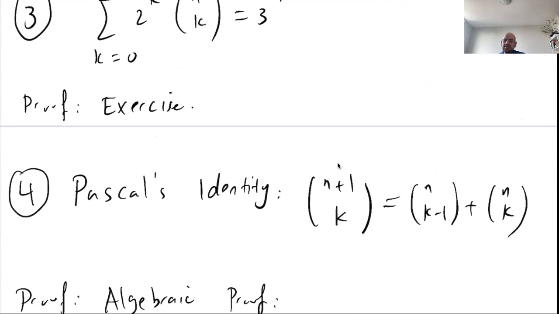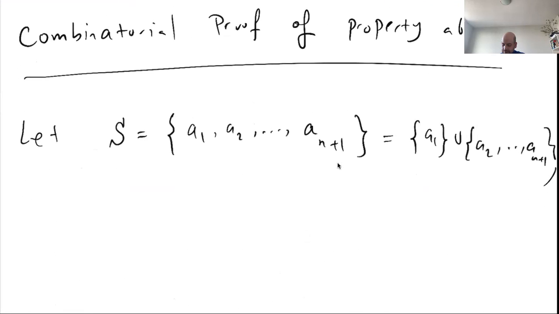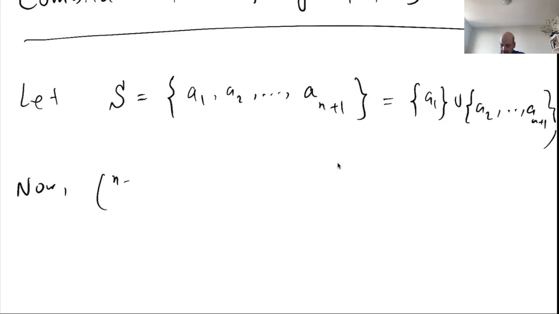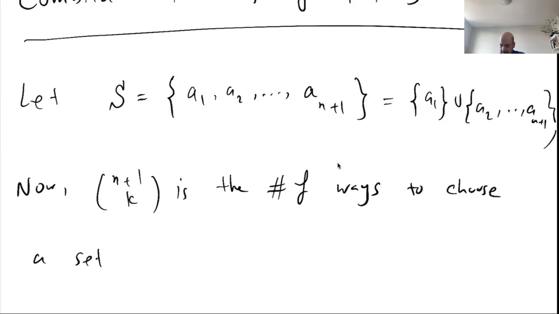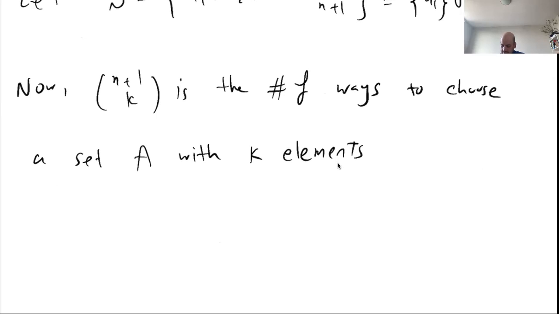So I want to choose a set, let's say A, capital A, with k elements from this set S. So now n plus 1 choose k is the number of ways to choose a set A with k elements out of the elements of set S above.